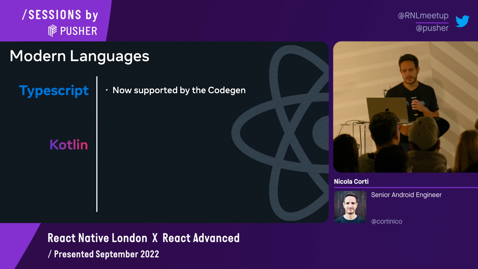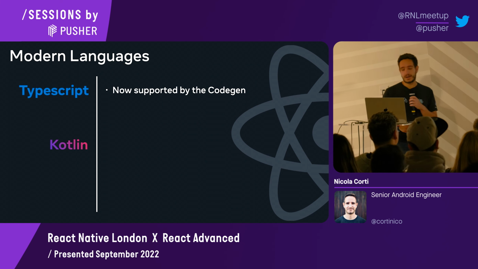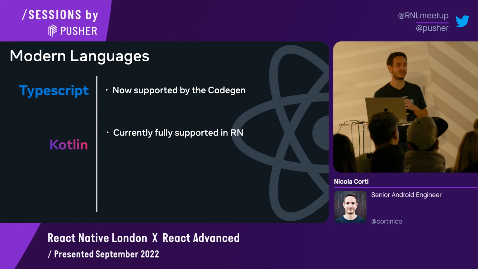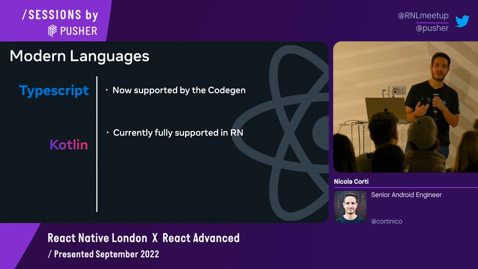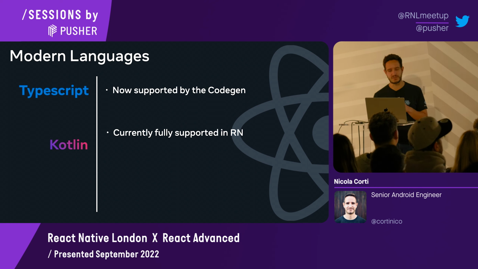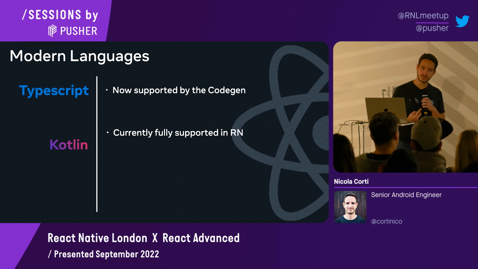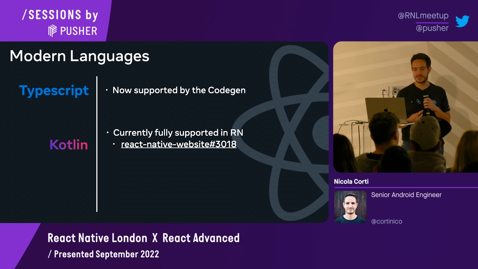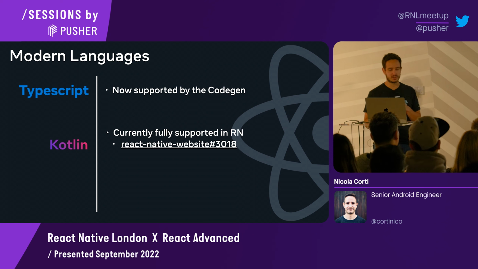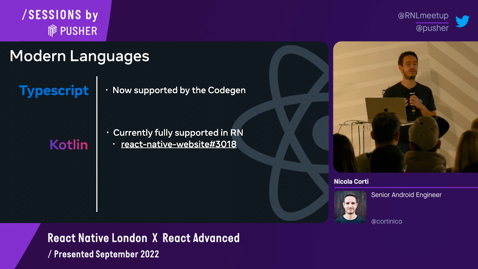On Android, the new programming language is Kotlin. And here we are lucky because, thanks to Java and Kotlin interoperability on the JVM, you can fully use Kotlin in all of your apps and all of your native modules and components. We also spent time updating our website. There is a community effort to migrate the whole website to be bilingual.